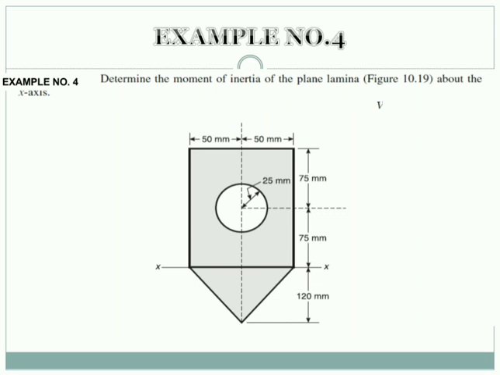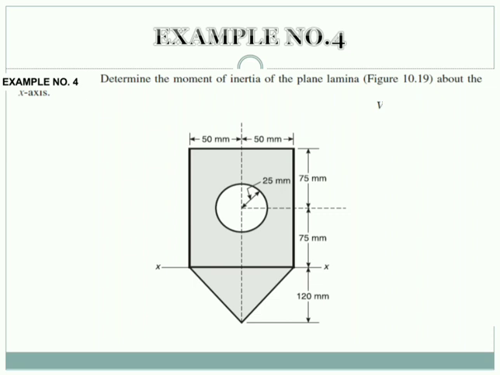In today's example, we have to determine the moment of inertia of a plane lamina about the x-axis. The x-axis is given. These examples will become very easy in your final exam, because the axis is directly given. There is no need of applying any theorem.